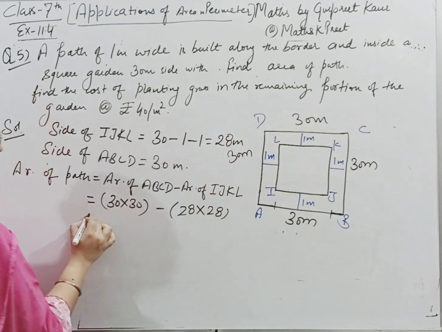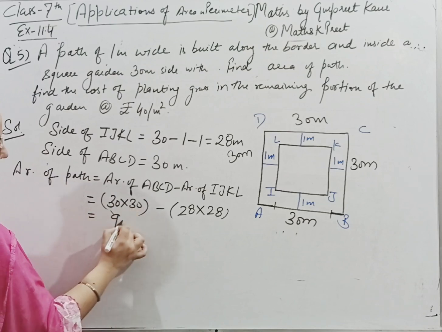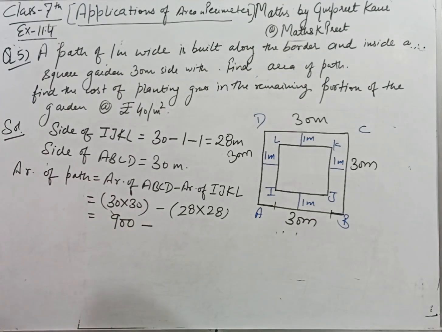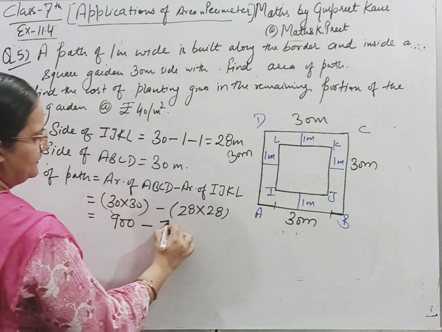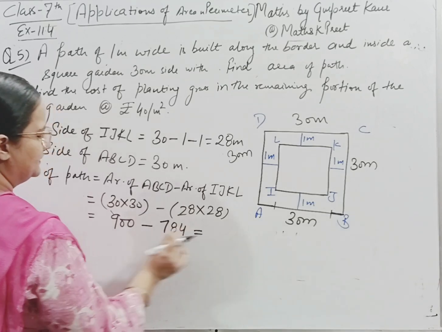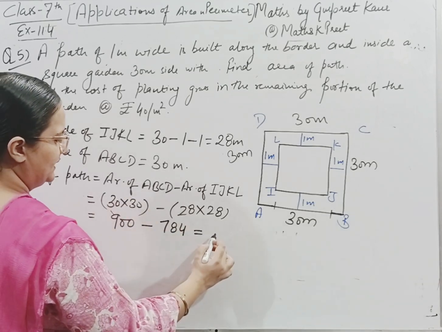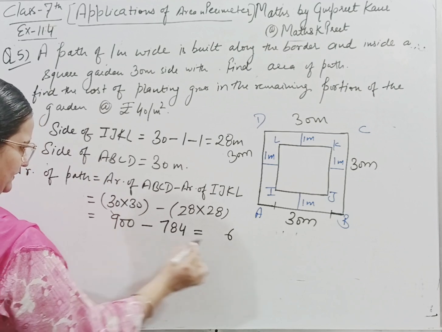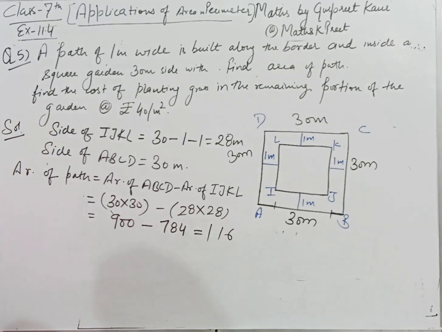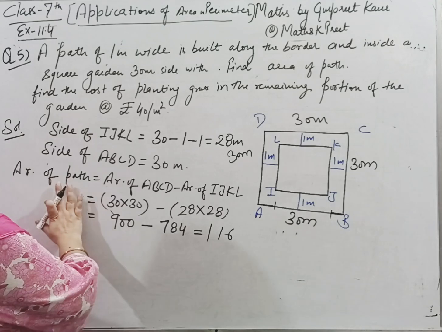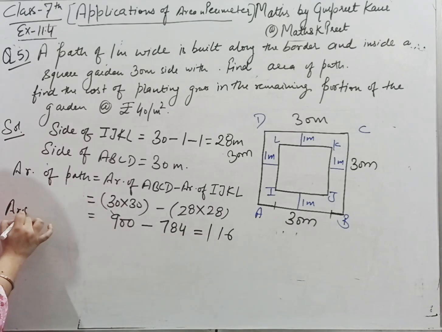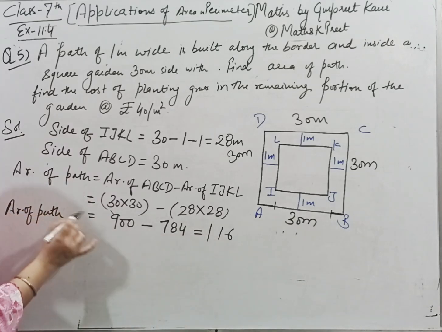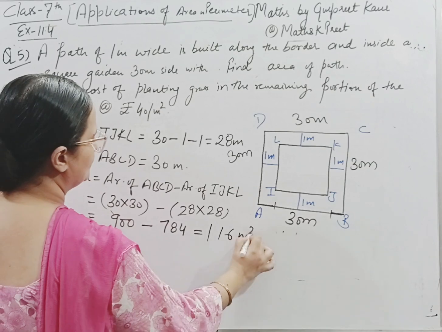So this is 900 minus 784. After subtracting these values, I am getting 116. This is the area of path. Our first answer, area of path is equal to 116 meter square.